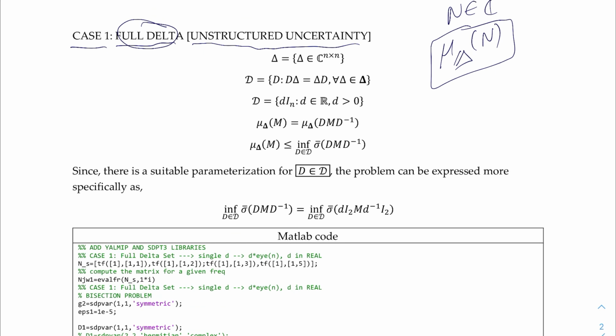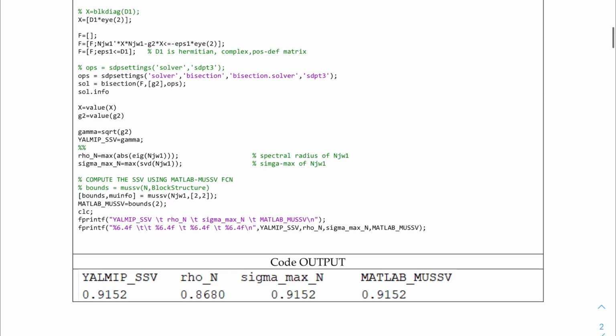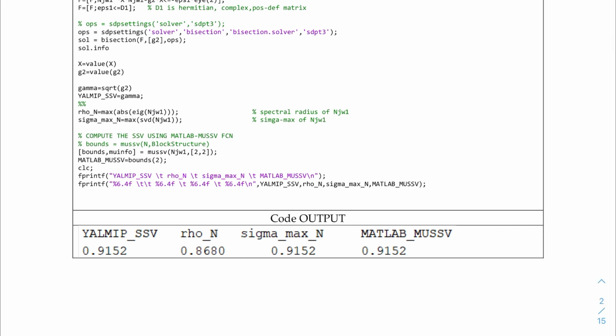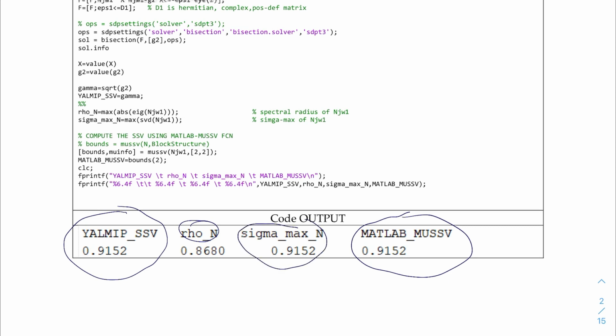And by the way, before that, I should also say, let me just show you. Here we can see this is the Matlab mu SSV output, and this is the Yalmip output. And there is also the spectral radius and sigma max.